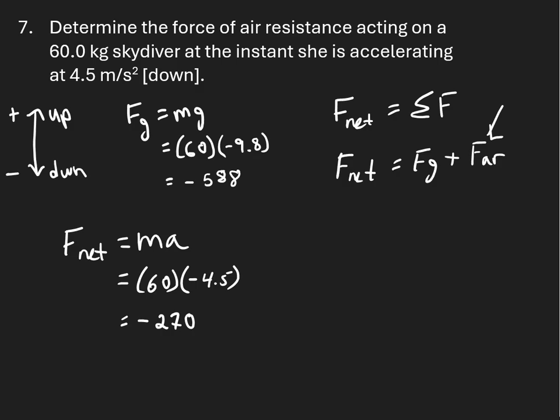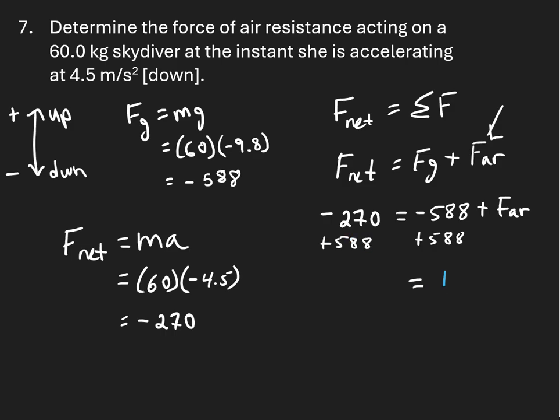Let's plug that into our equation now. Overall, our force is negative 270 newtons, so 270 newtons down. Our force of gravity is negative 588. And then we've got our force of air resistance, which we know is going to end up being positive because it is up. To solve this equation, I'm going to add 588 to both sides to move this one over.